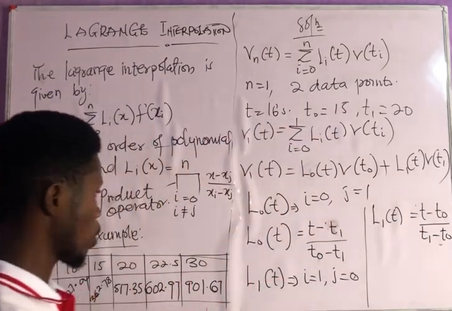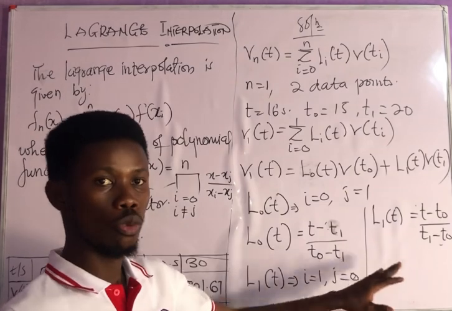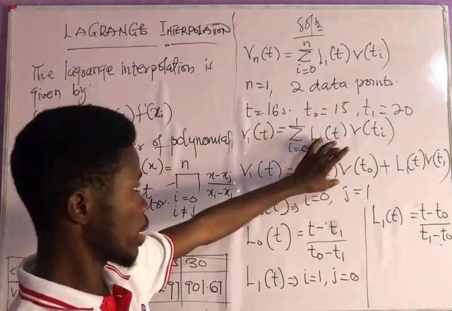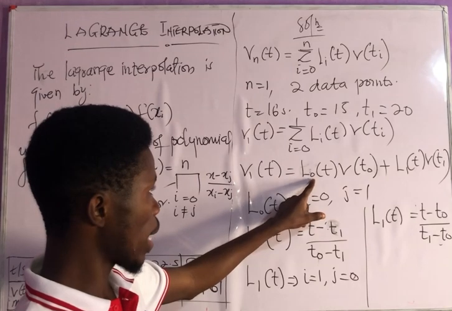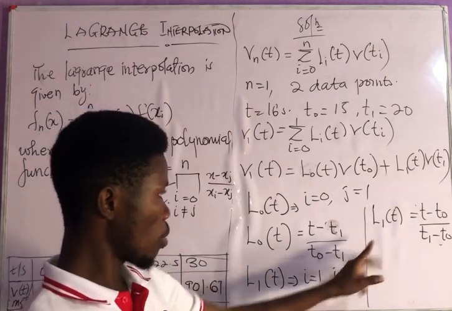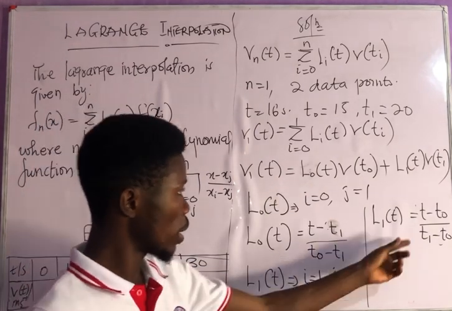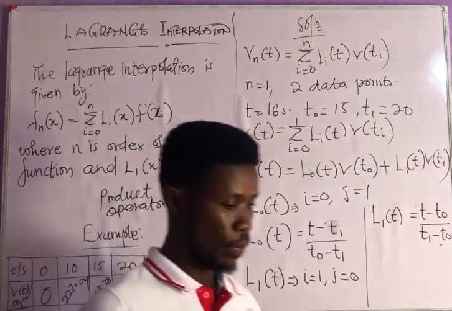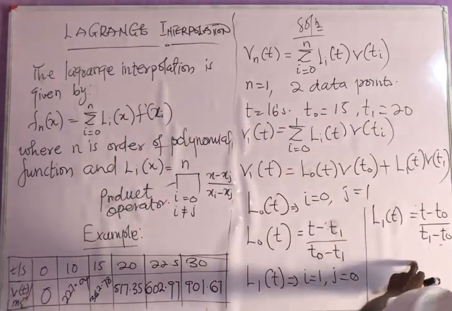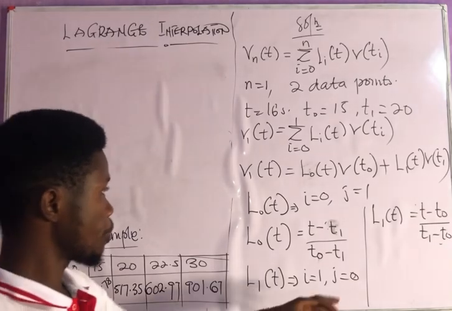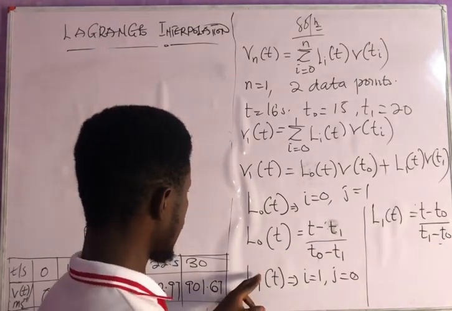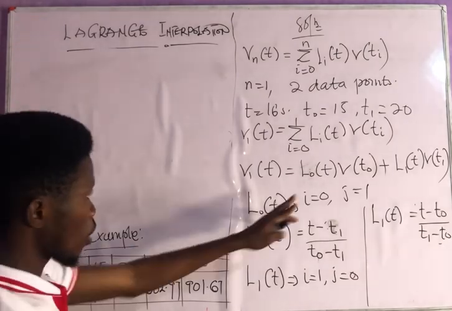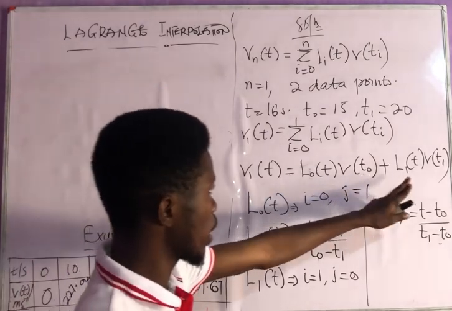That's what we have. Now what we are going to do is very simple. We just go back to the formula stated. Wherever I see L0 of t, I replace it by the whole of this, then L1 of t, I replace by this. Simple as that. So let's also get V of t0 and that of V of t1.